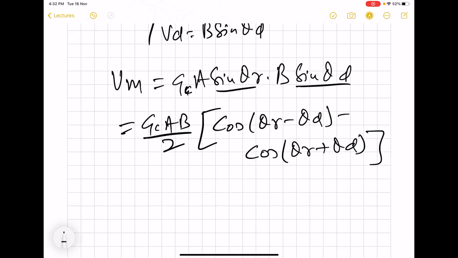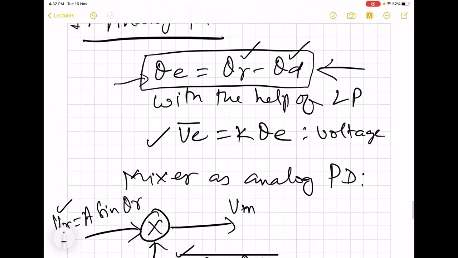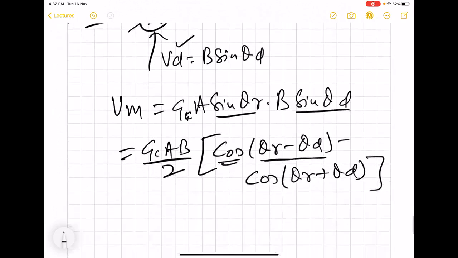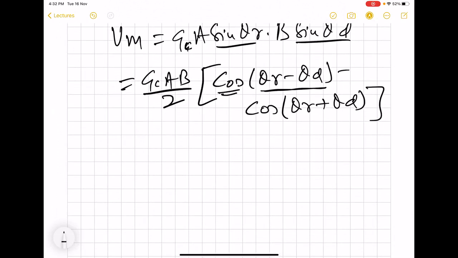Now we can see that we have here a difference of the phase of the two signals, but it is actually inside the cos function. And what we want is the difference to be explicitly visible, present, so that it can then be converted into voltage form. In general, we will not be able to get only this much, but under certain special conditions, this difference term can be extracted, and the other terms can be neglected with the help of filtering.